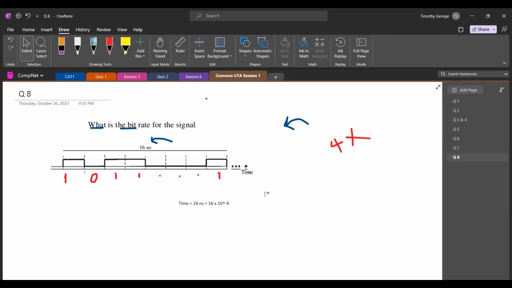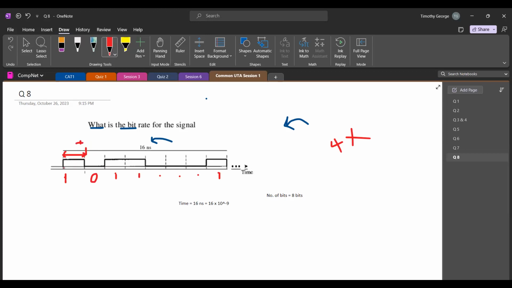So that was how we can find the number of bits. 8 bits, right? Because each duration that's shown on this diagram represents the value of 1 bit. Let's assume this is some x nanoseconds.